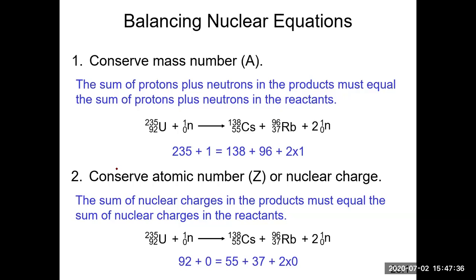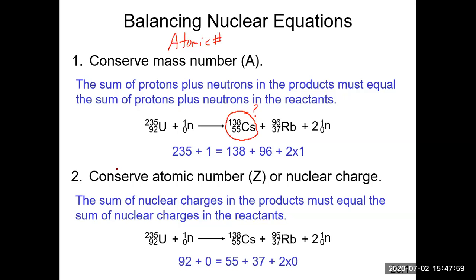So typically, one way that you'll see these is, for example, something will be missing. So let's say you had this equation and this guy was missing, and you wanted to figure out what the missing element was. The thing that tells you the element is really your atomic number.